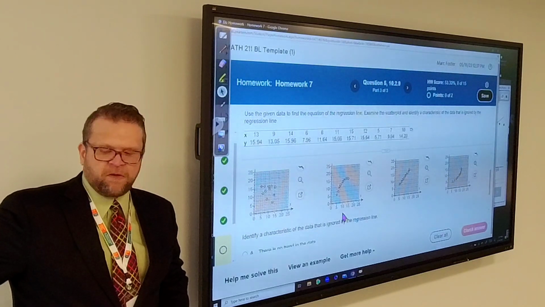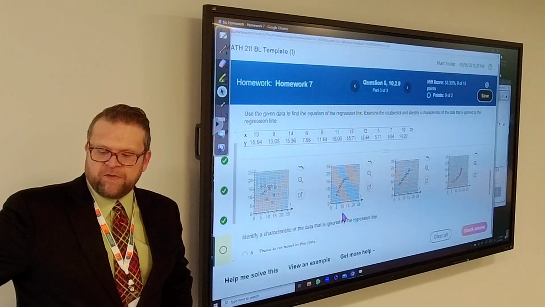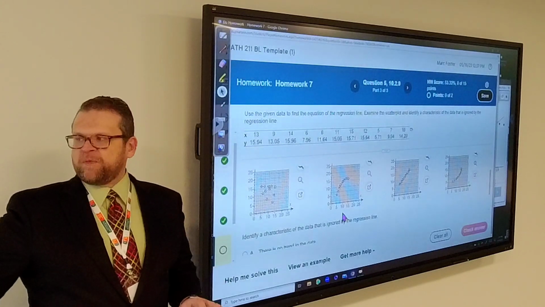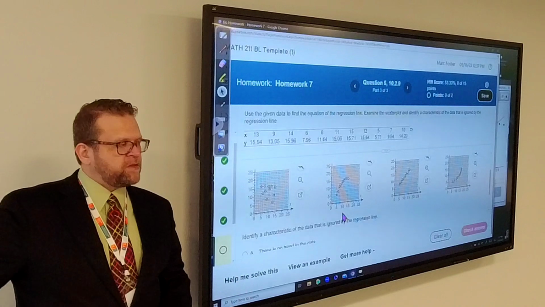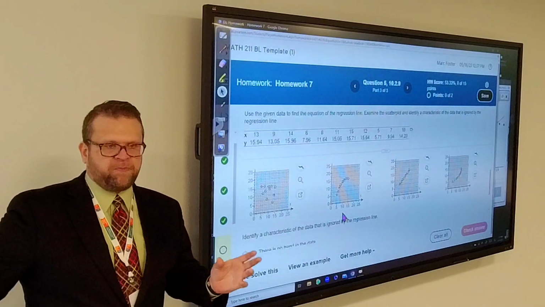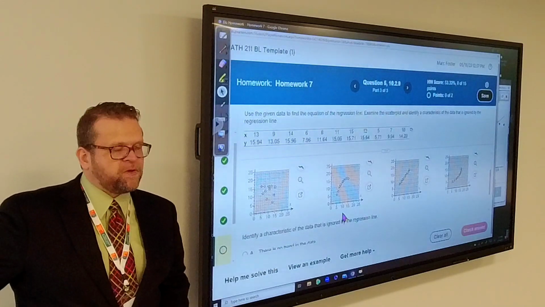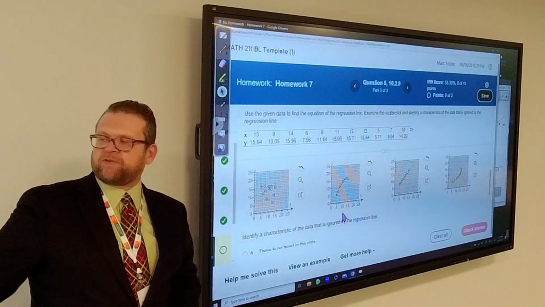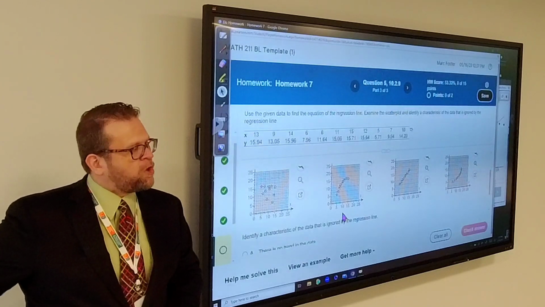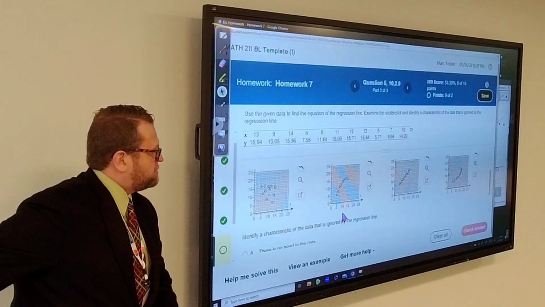Right? And if you needed to fit, so linear regression, obviously we're dealing with a line, but I can do polynomial regression. I can fit a parabola to it. I can fit a cubic to it. I can fit any polynomial I want to it. I can do an exponential function fitted to it. I can do a logarithmic function fitted to it.